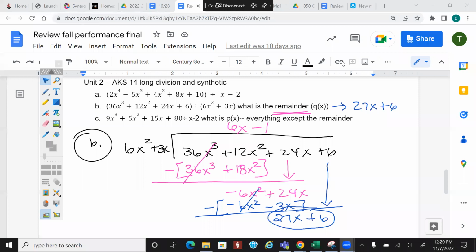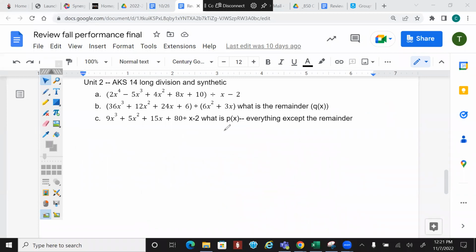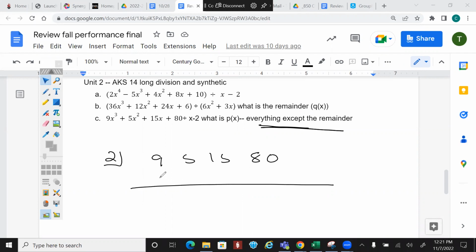All right, so on the last one, you could do synthetic division, and they don't want anything with the remainder. They want everything else. So we're going to change the sign, list out all of our coefficients, bring down our first term, multiply, add, multiply, add, and multiply.